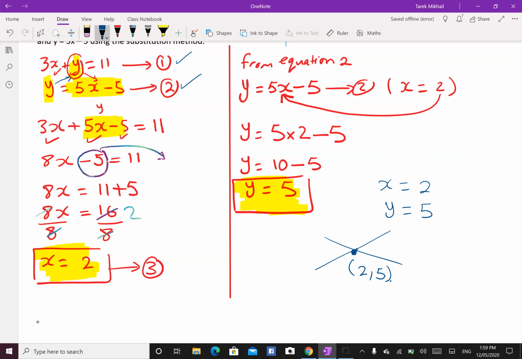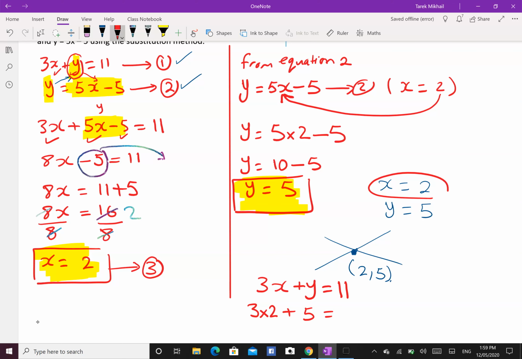So I'm going to write the equation first: 3x plus y equals 11. I've got x equals 2, so I replace x with 2, so 3 times 2, because 3x means 3 times x, plus y equals 5, so instead of y, I substitute 5.